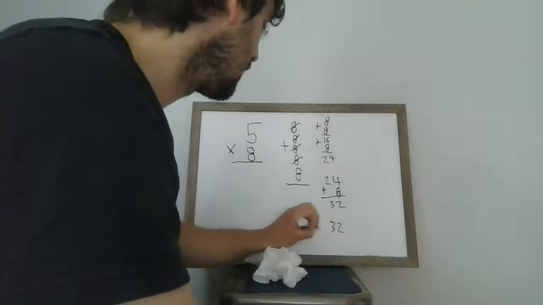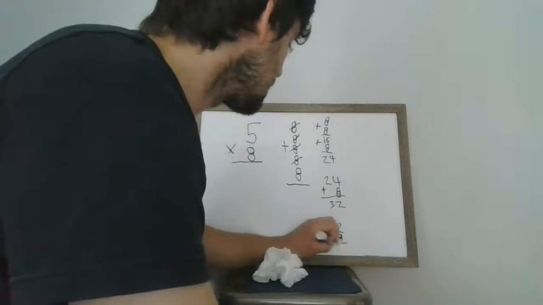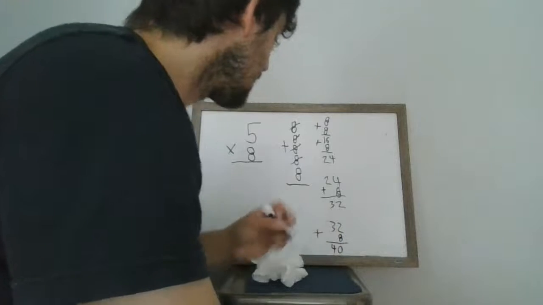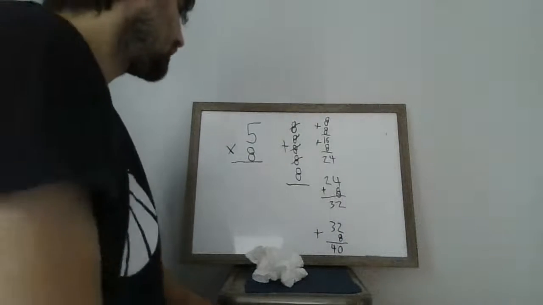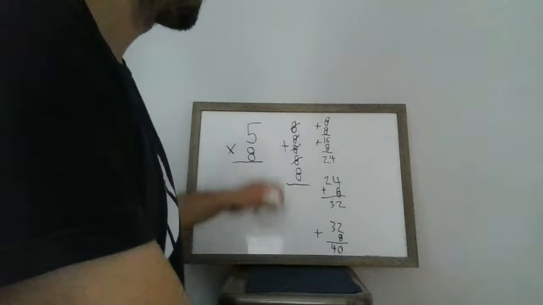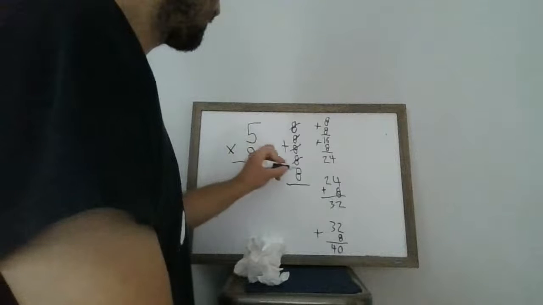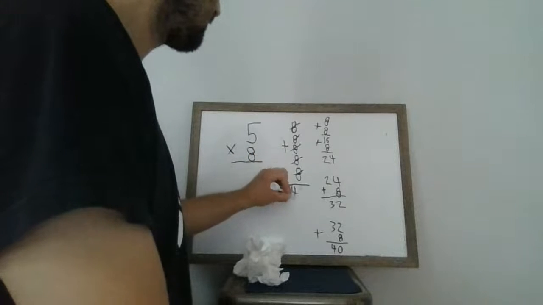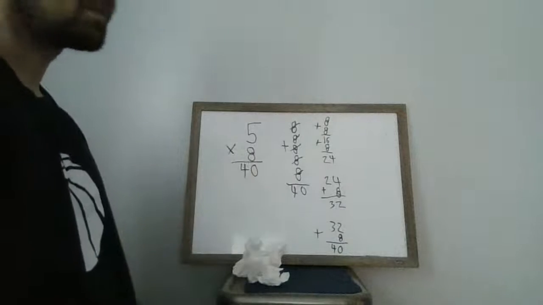And 32 plus 8 equals 40. So 5 times 8 equals 40.